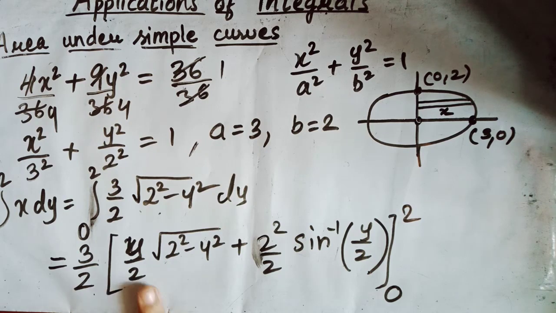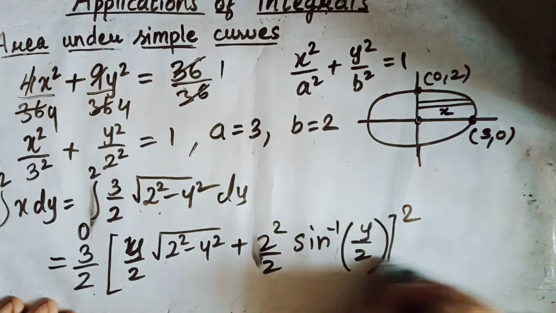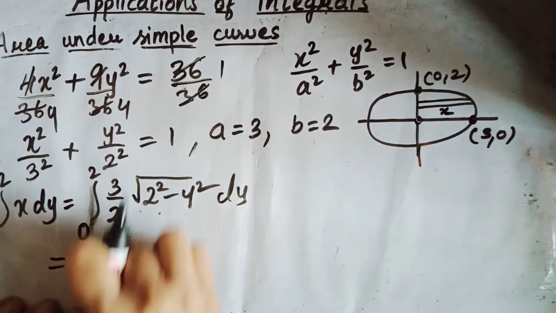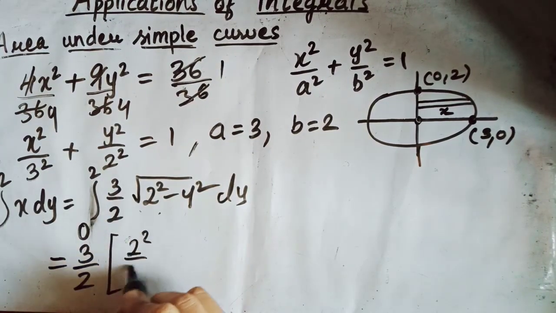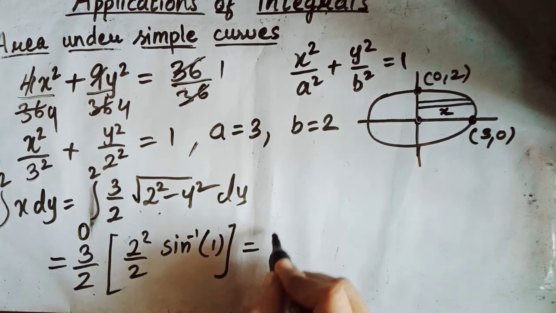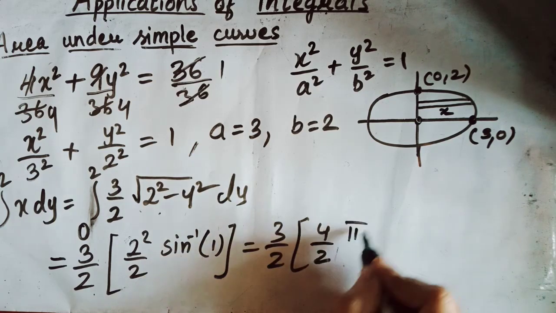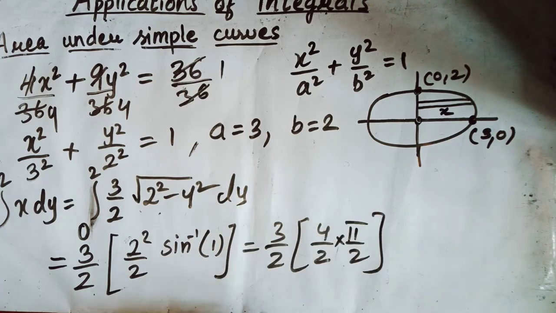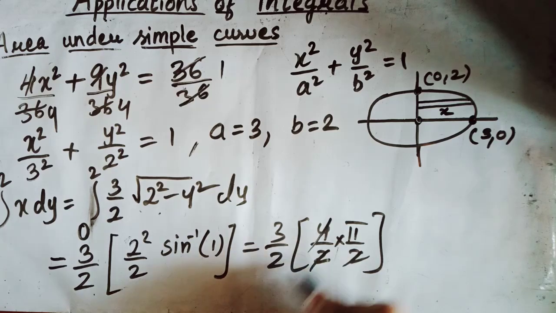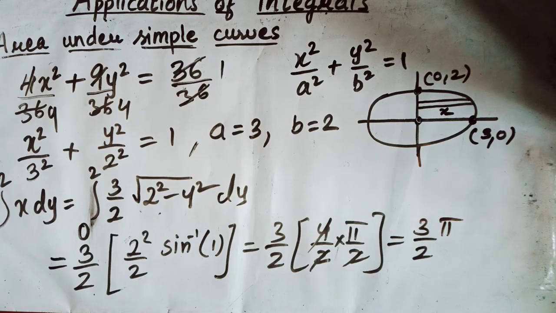As we have seen in the previous question, only this term remains when you put y equal to 2. So I will write here only 2 square by 2 sin inverse of 1. Sin inverse of 1 is pi by 2, so this gets cancelled. You will get 3 by 2 pi.